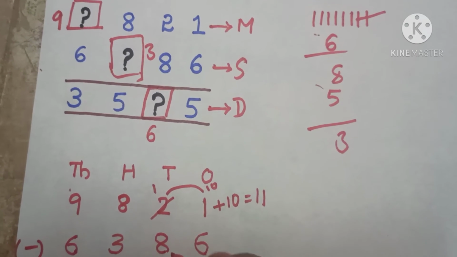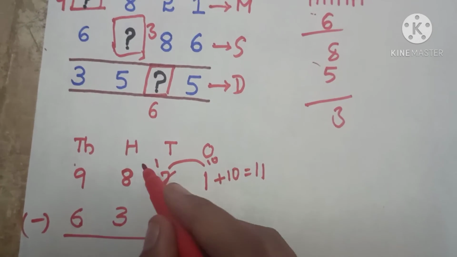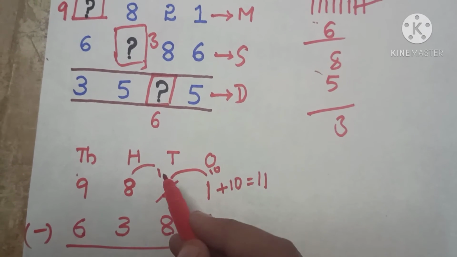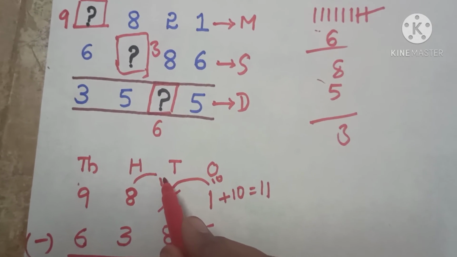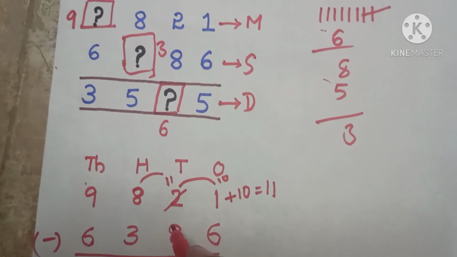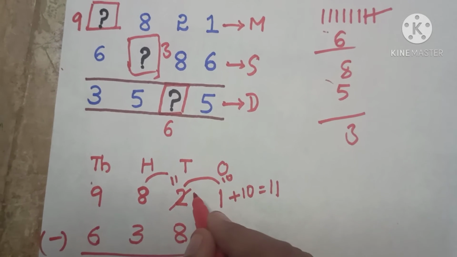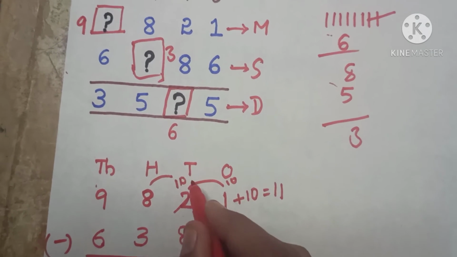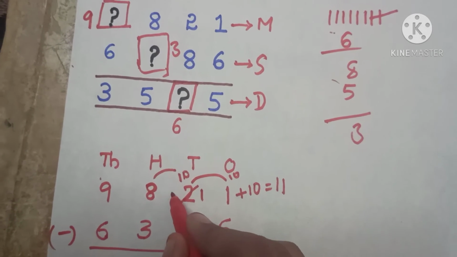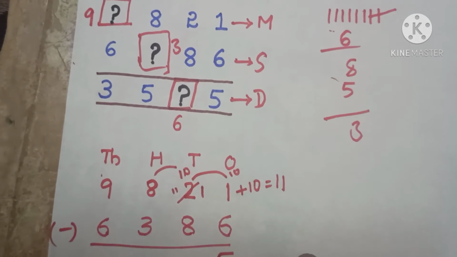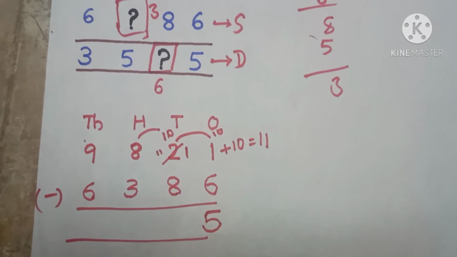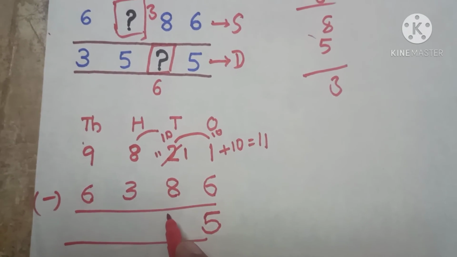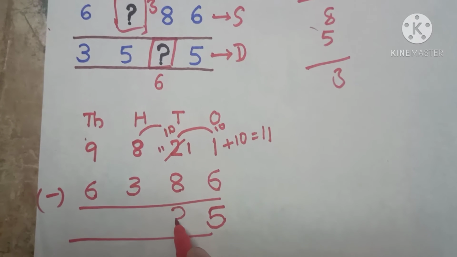As we cannot subtract 8 from the 1, we again take the borrow, so that it again becomes 11. Whenever we are subtracting 8 from 11, we get the value of 3.